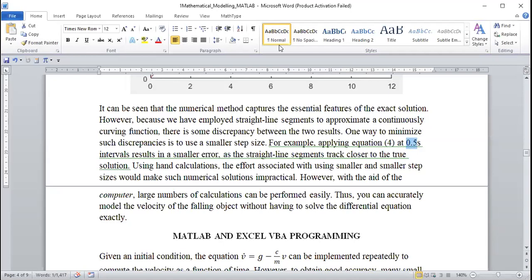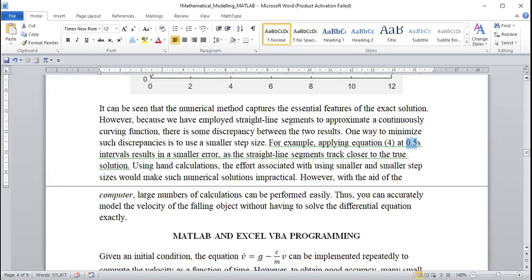We can take the time step to be 0.1, and when we take the time step to be smaller, we get smaller errors, and the numerical solution approximates the analytical solution better.